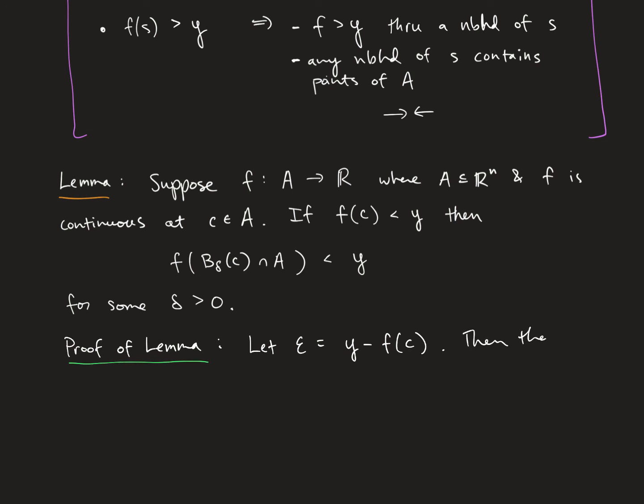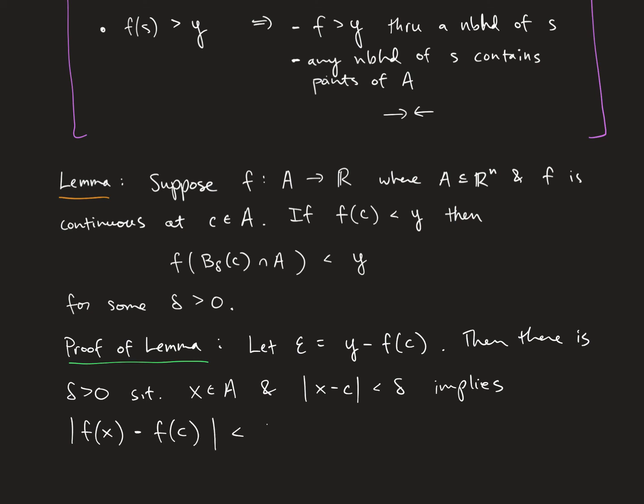Then there is a delta greater than 0 such that, let's say, x in A and the distance between x and c less than delta implies that f of x minus f of c is less than epsilon.